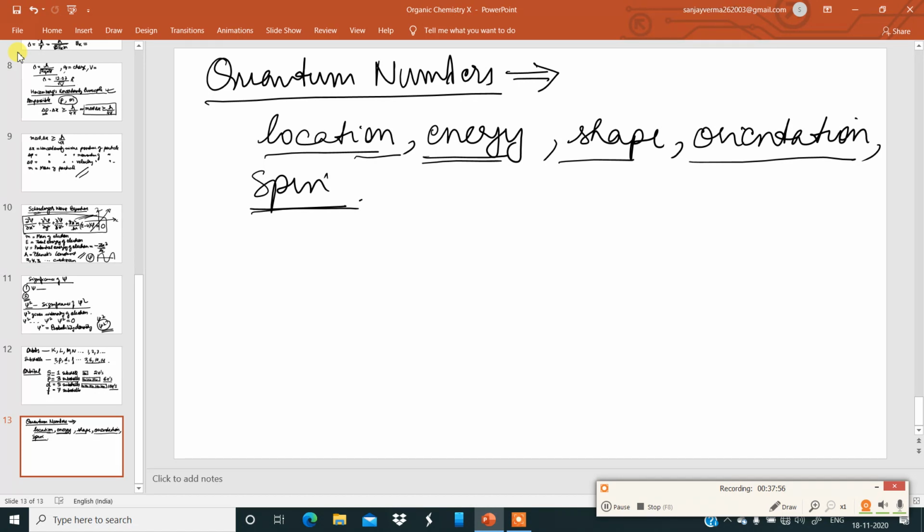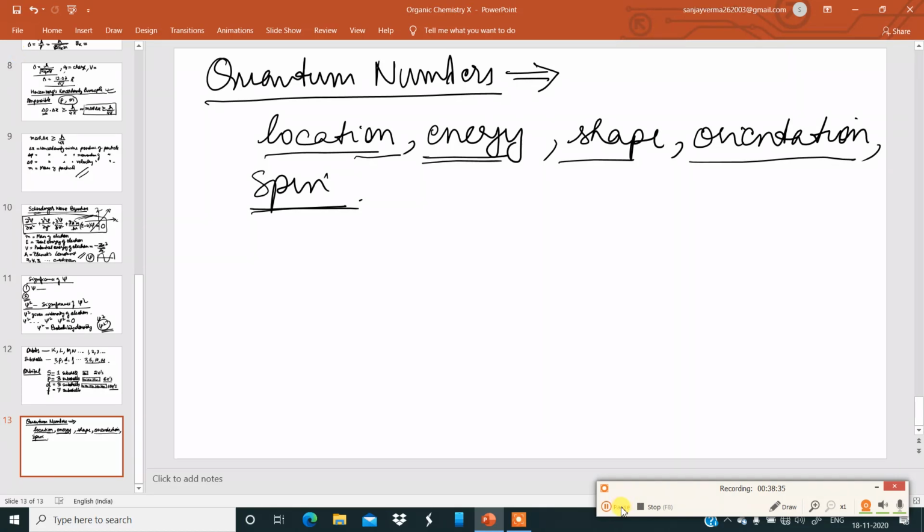Because the Schrodinger wave equation was solved mathematically, that led to the concept of quantum numbers, which are called principal quantum number, azimuthal or subsidiary quantum number, magnetic or orbital quantum number, spin quantum number, and so on. And after that, we derived the orbitals: s orbitals, p orbitals, d orbitals, and f orbitals. Okay. So now we shall learn about the quantum numbers one by one.